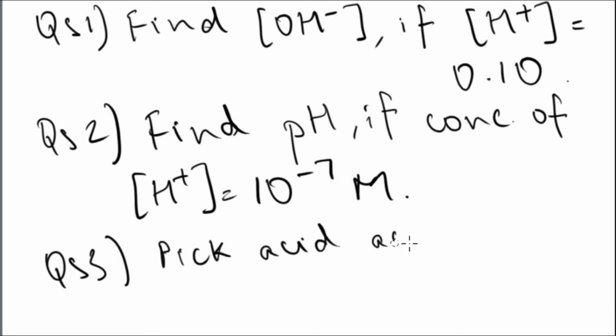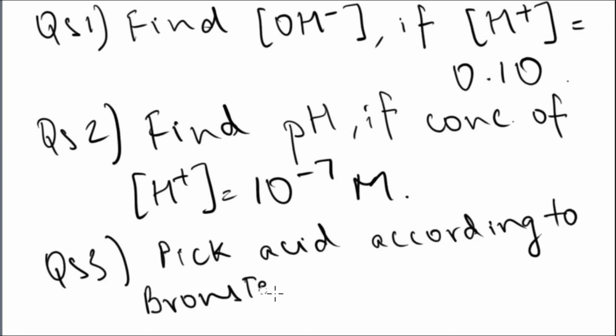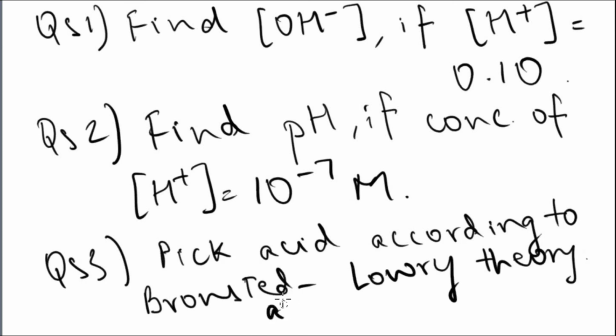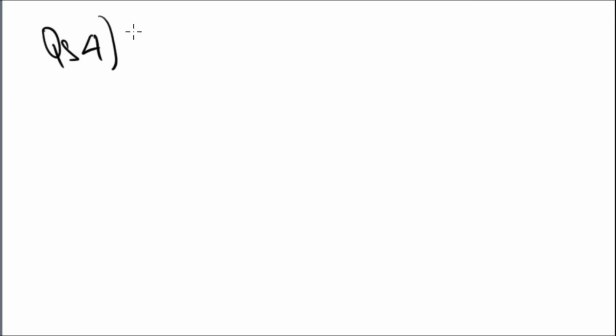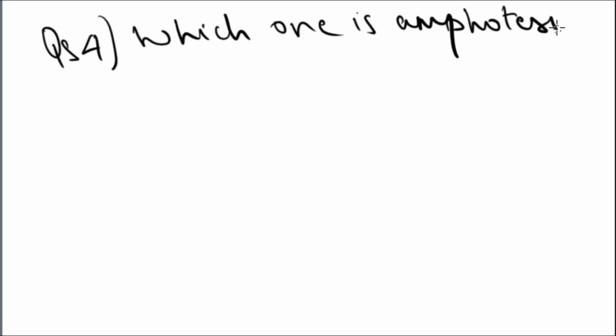Question 3 is which of the following is a Bronsted-Lowry acid? Is it A, B, C, or D? Question 4 is which of the following is amphoteric? Is it A, B, or C?